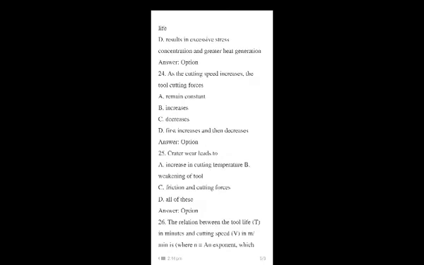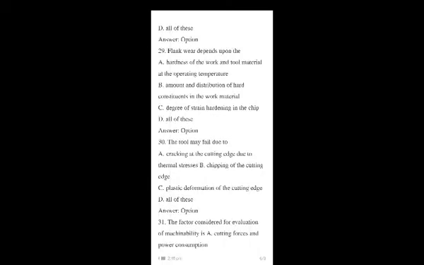Also for 27 number question, option D is correct. 28, crater wear is mainly due to the phenomenon known as diffusion of metals. Flank wear depends upon the amount and distribution of hard constituents in the work material. And next question, the tool may fail due to... the option is option D, all of these.